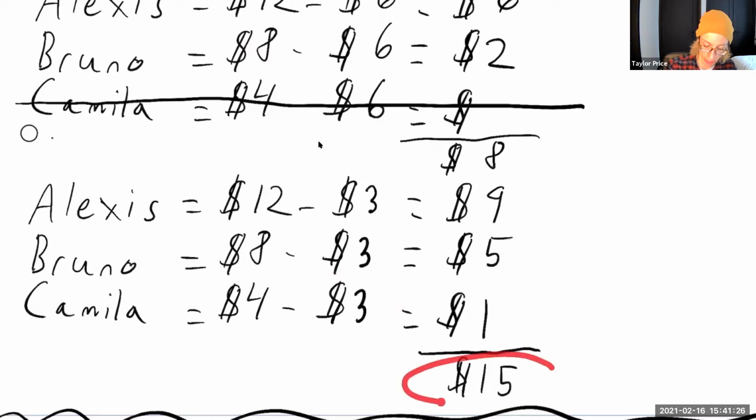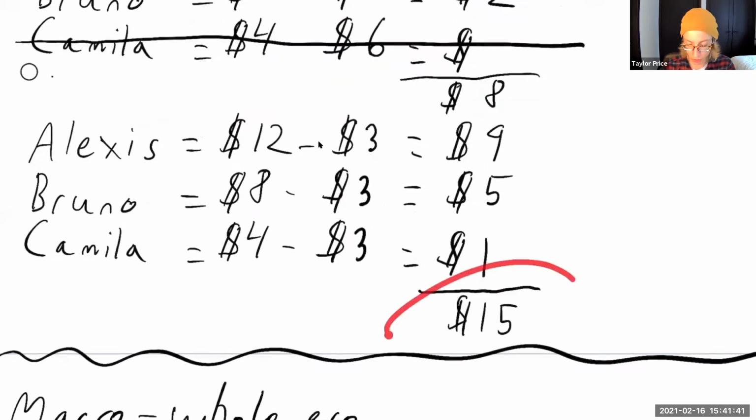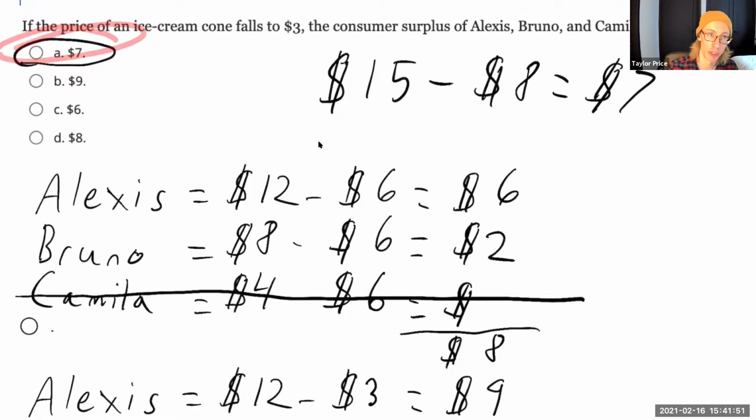So this $15 is effectively the new consumer surplus. The question is asking what the increase in consumer surplus is, so we take $15, the new surplus, minus the old surplus of $8, to get an increase of $7 in surplus, or option A.